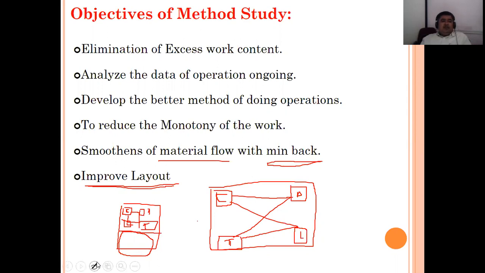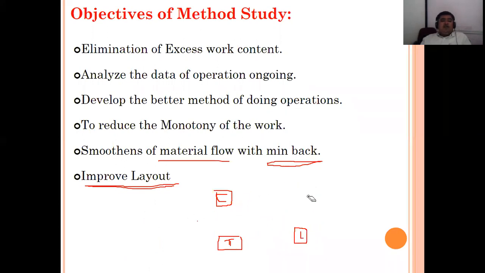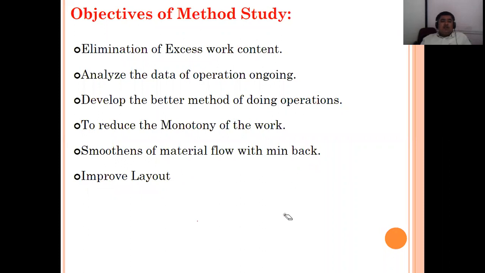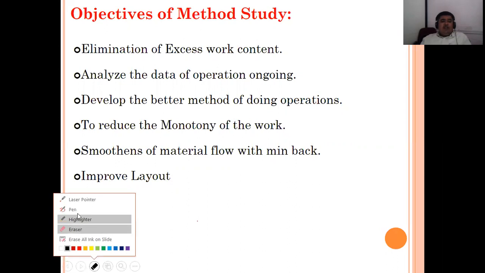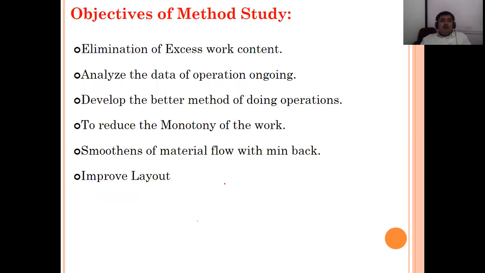Is it right? So if you are placing the machines at very long distances, then the travel of the job between the machines is going to increase in time. So we are just finding a method where this travel is reduced. Then somebody may ask, sir, what happens if this layout is changed?